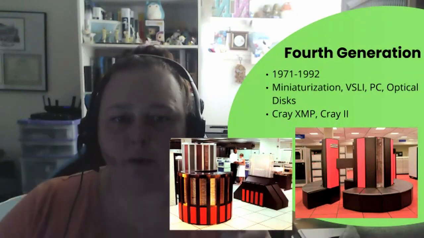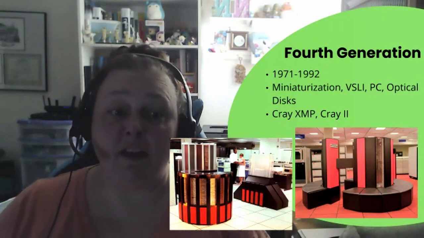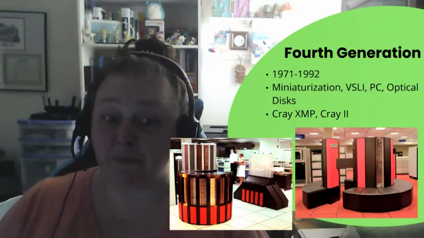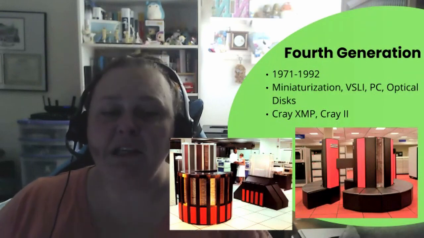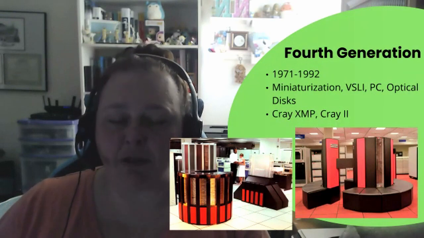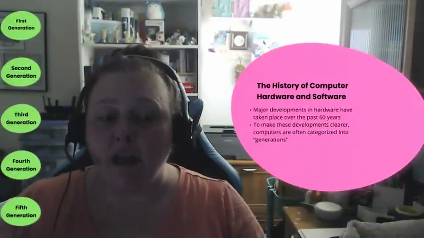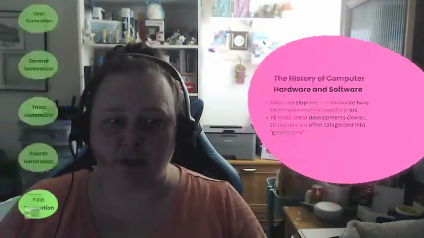This is miniaturization via VLSI, PCs, optical discs. We're really starting to get smaller and much more advanced when we're talking about computers. We're starting to get them to be portable, with laptops and things of that nature.